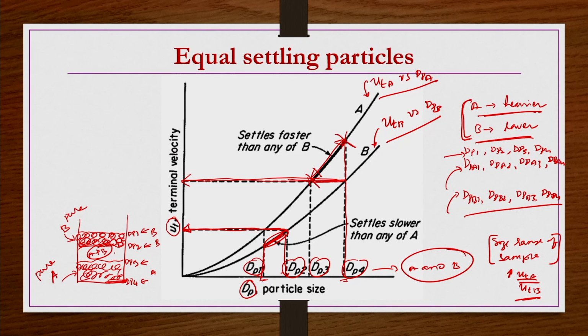In the mixtures, with both particles, the ranges dp2 to dp3, or dp1 to dp3, or dp2 to dp4 are possible fractions. This is what happens in equal settling particles. By these principles we can make a separation based on equal settling velocities.